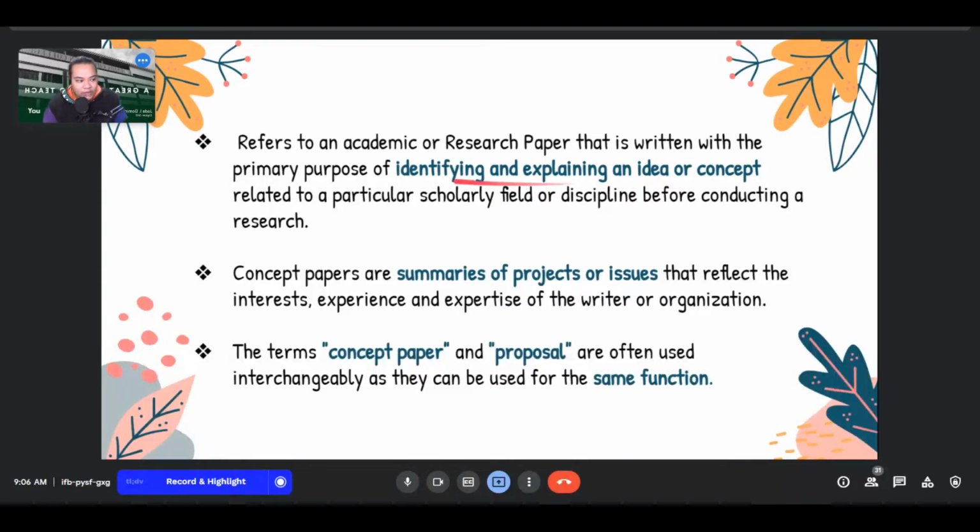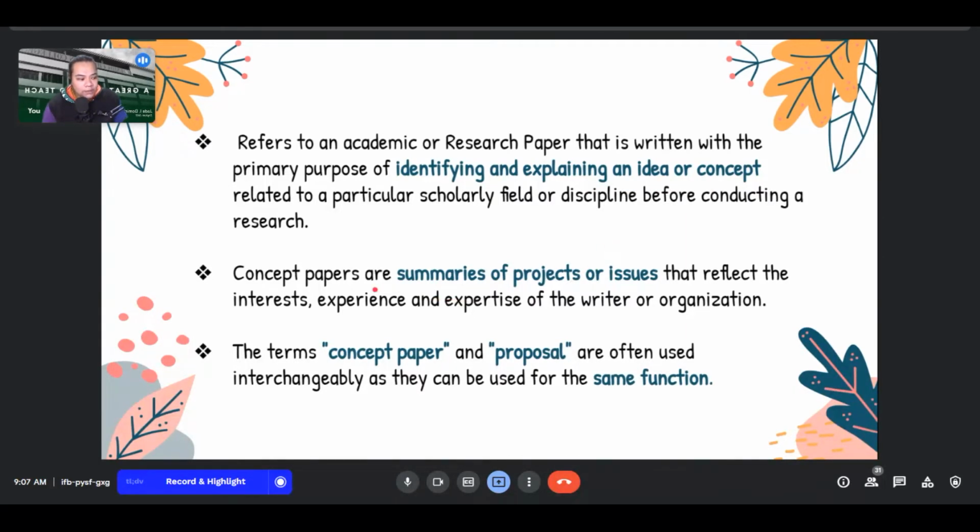Please take note of that, worth researching. In everyday life we have a lot of ideas, and not to downplay, but in my years of both being a panel and teaching research, it's always been a struggle to find concepts that are worth researching. So before we go on to writing a full-on research paper, we first try to create a concept paper about that topic or about that idea.